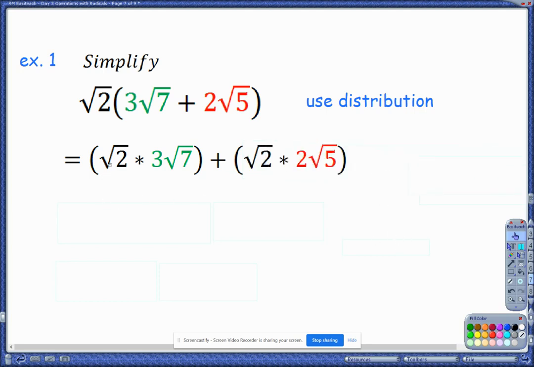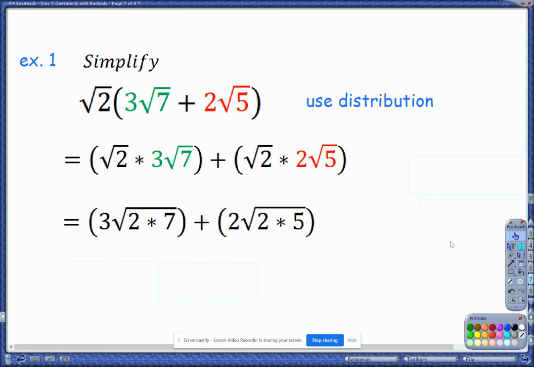And what this simply means is we're going to multiply these three parts out. So the first term becomes 3 times radical 2 times 7, and the second term becomes 2 radical 2 times 5. And 2 times 7 is 14, which cannot be simplified any further, plus 2 times radical 10, which cannot be simplified any further. So this is your final answer.